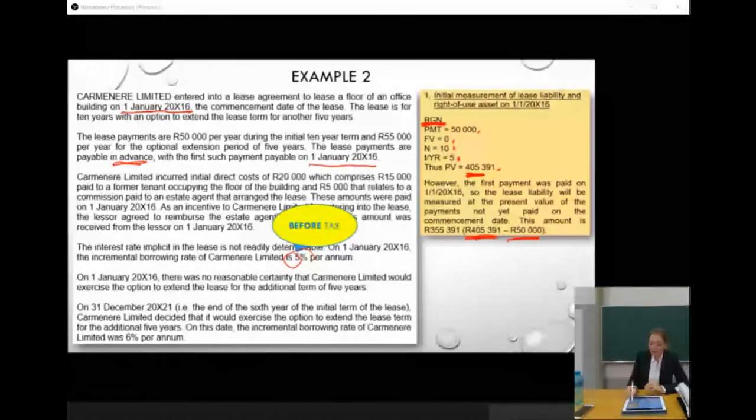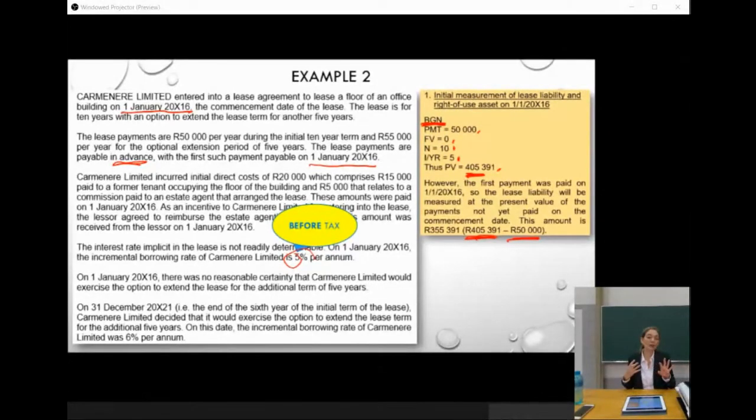Remember, because that first payment is almost like a deposit that we had in example 1 and example 7. So we are going to say a credit bank, and then it's actually going to be a debit to the right of use asset. Otherwise you can just take it off from the lease liability. Anyway, you know what I'm saying.